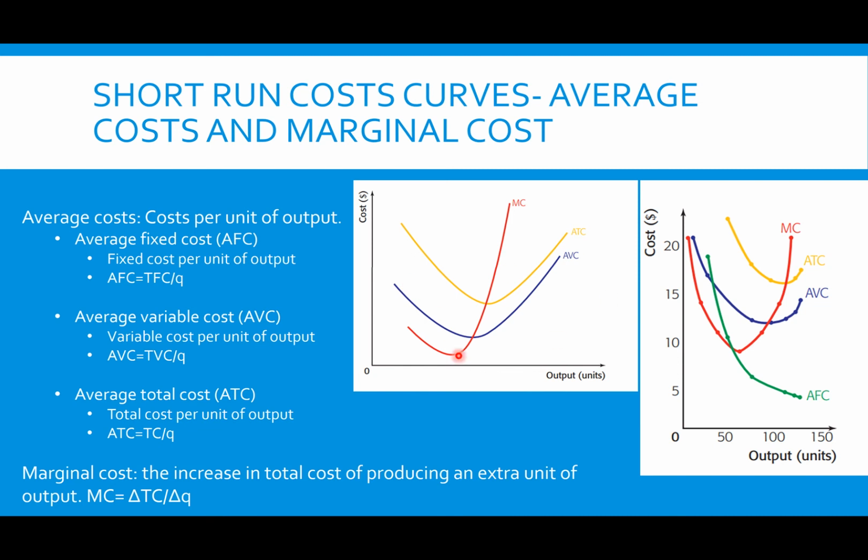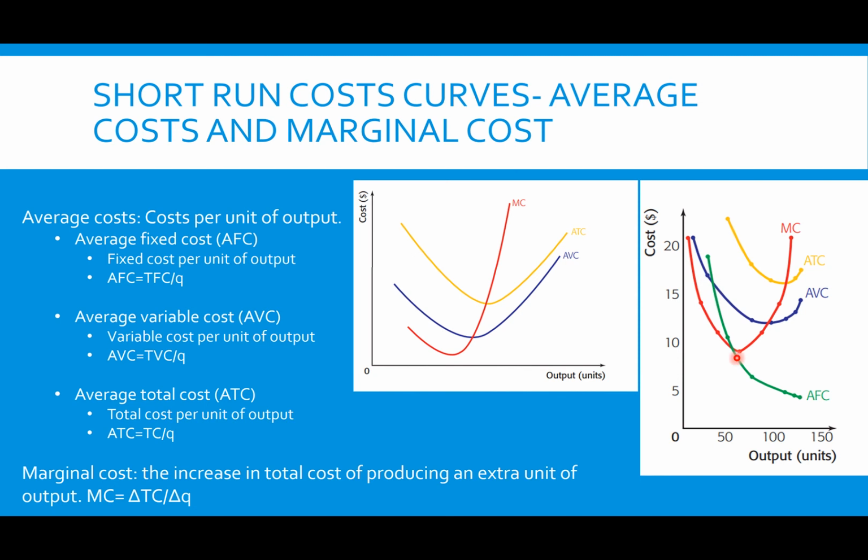ATC, AVC, MC curves look like this. ATC first falls, then increases. AVC also first falls and increases. MC curve will look like this. And one thing to remember is that the MC curve always cuts the lowest point of AVC and ATC. You have to remember this.